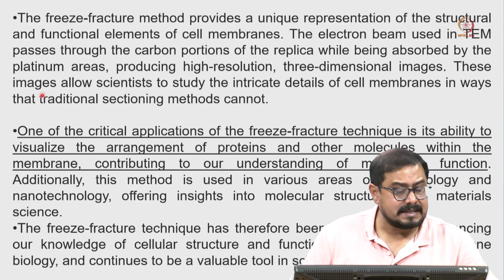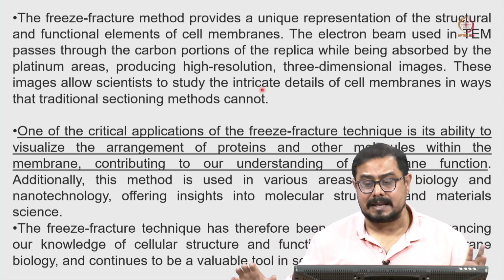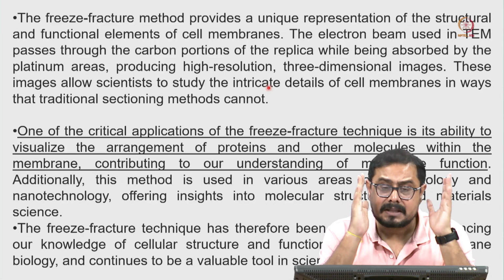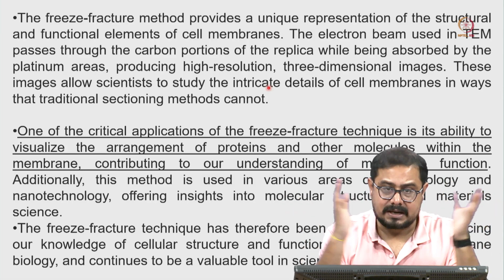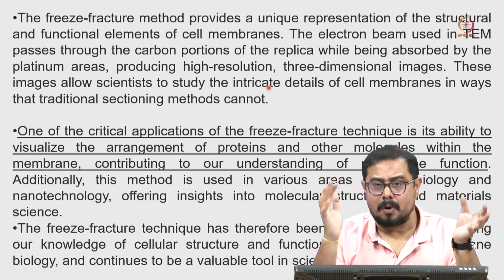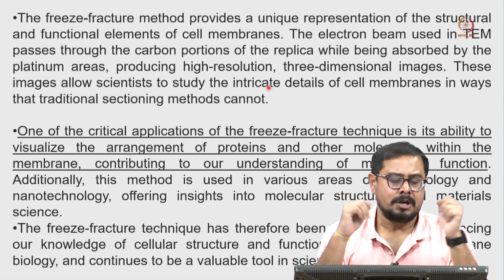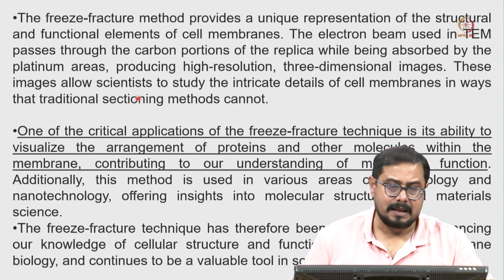These images allow scientists to study the cell membrane in detail in a way that the traditional section method cannot. That is the reason freeze fracture is getting very popular among different cell biologists. Scientists are using it very frequently.